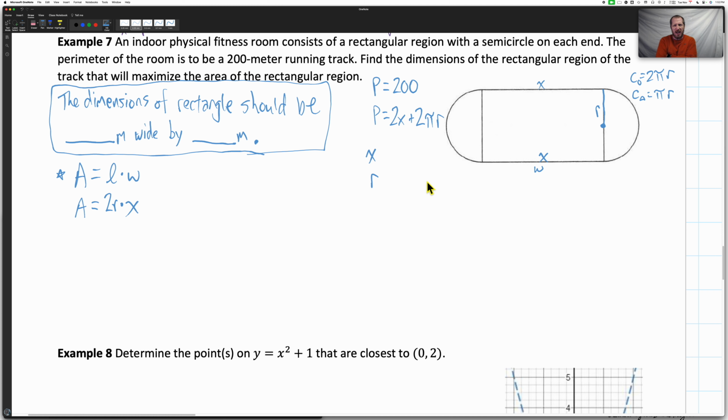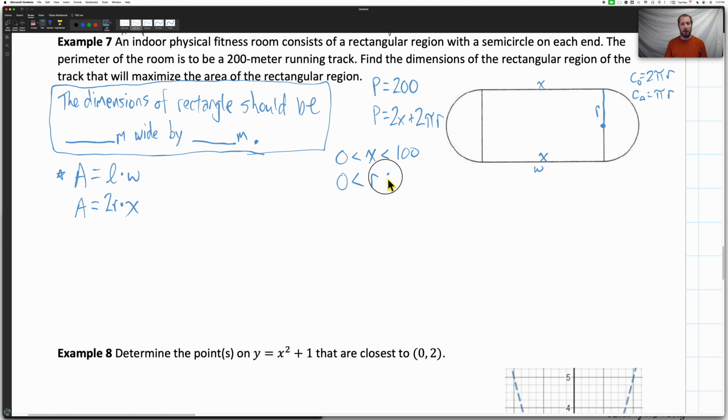All right, so x constraints. If the perimeter is 200, it's got to be less than half of that because the perimeter has twice that in there. So it's got to be less than 100, and it's got to be more than 0, non-inclusive. All right, our radius, it's got to be bigger than 0. That's as far as I'm willing to go for right now. Obviously, it can't be 200.